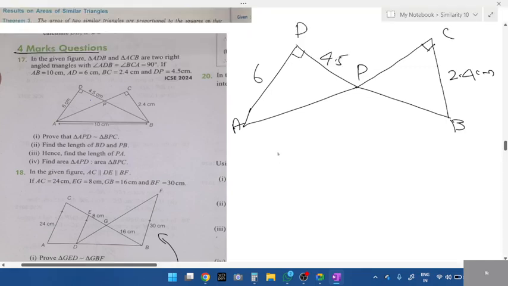First, you have to prove APD is similar to triangle BPC, students. What are the three criteria we have to prove it similar? Side angle side. Next, angle, or three angles, right? Then we have side and side.